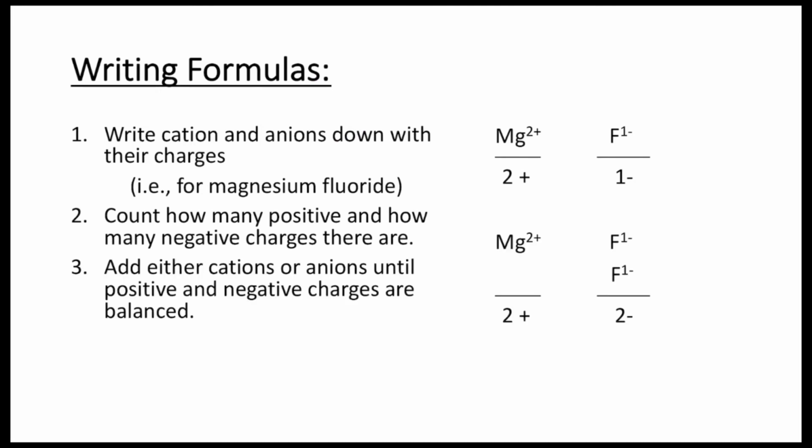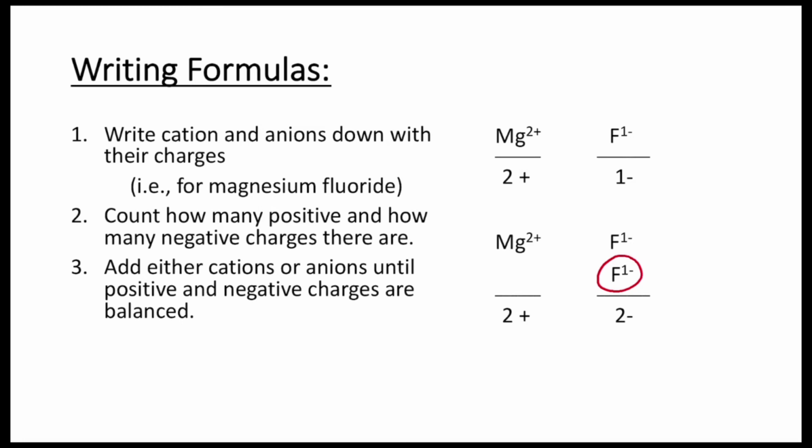And then we're going to count how many positive and negative charges there are. Step 3, add either the cation or anion until the positive and negative charges are balanced. So you can see here we have added an extra fluorine to balance for the fact that magnesium has a 2+ charge, and we need the fluorines to have a total of 2- charges.